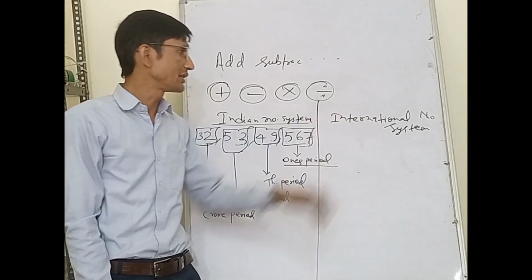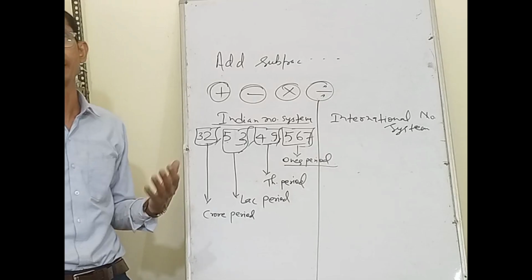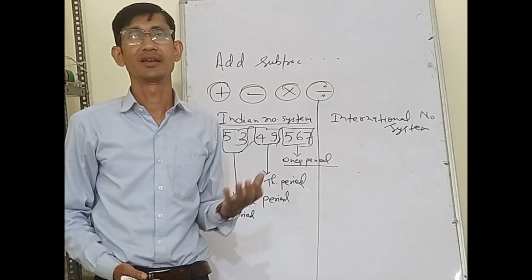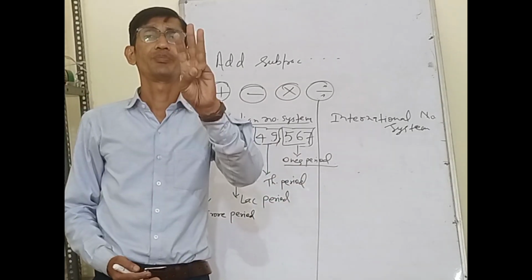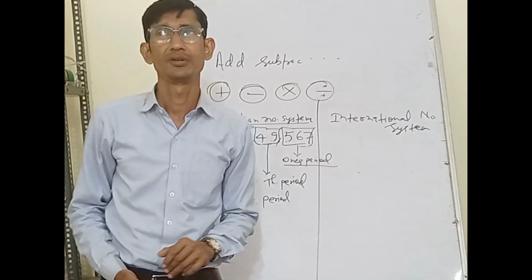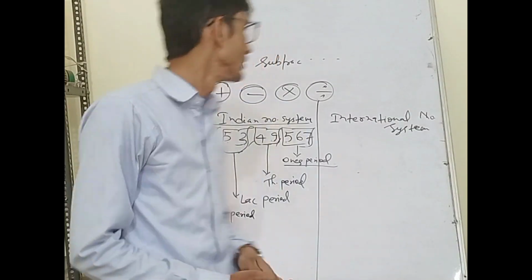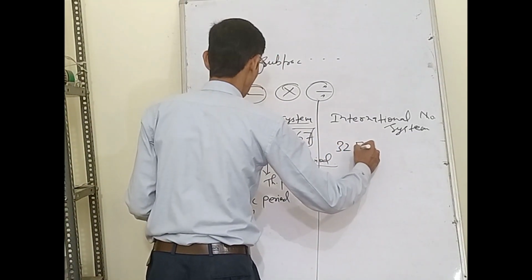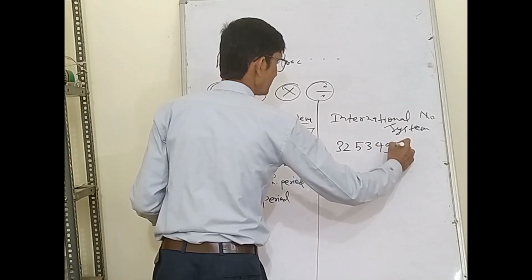But the international number system is different from the Indian number system in that here all the periods have 3 digits, not 2 digits. Suppose the same number is written here: 3, 2, 5, 3, 4, 9, 5, 6, 7.